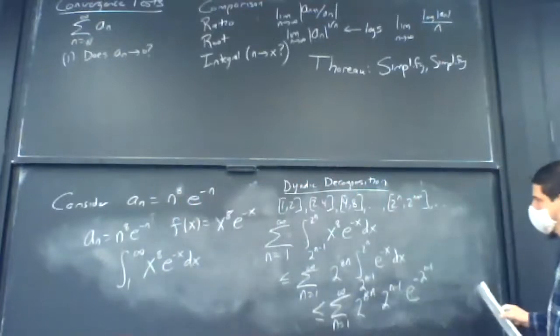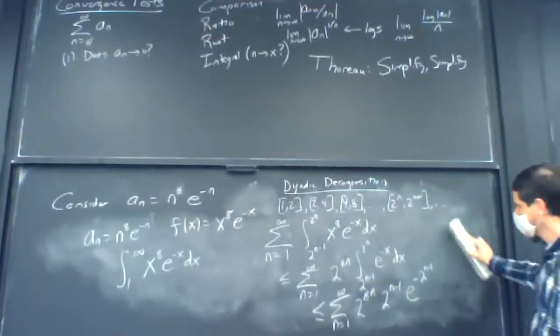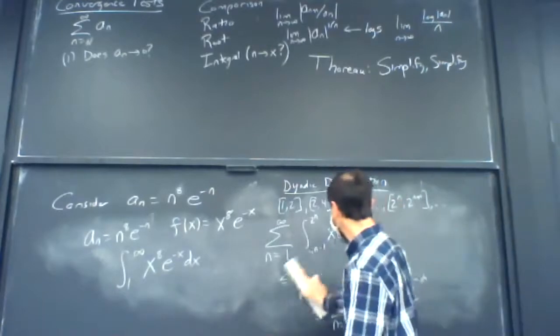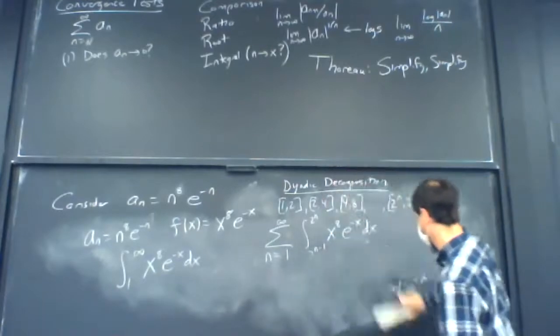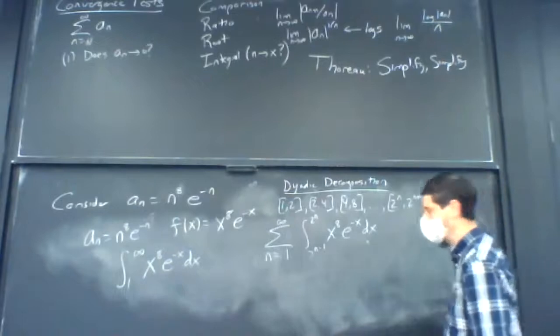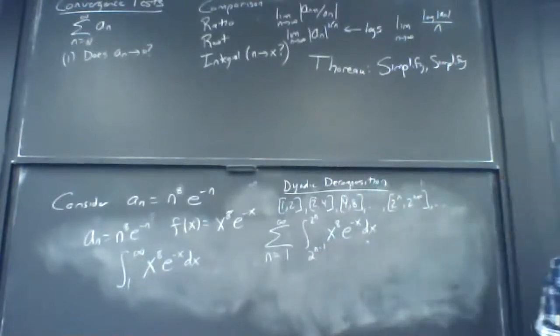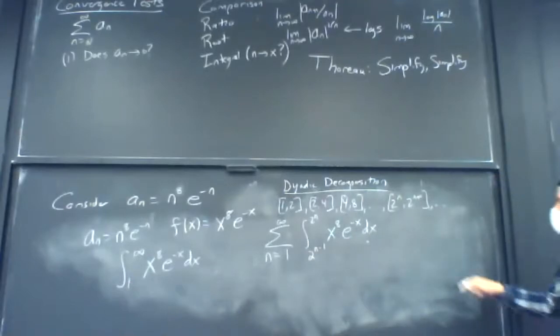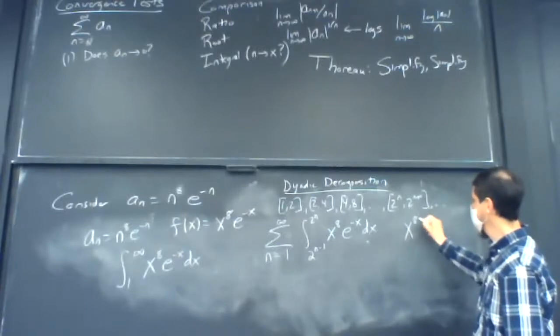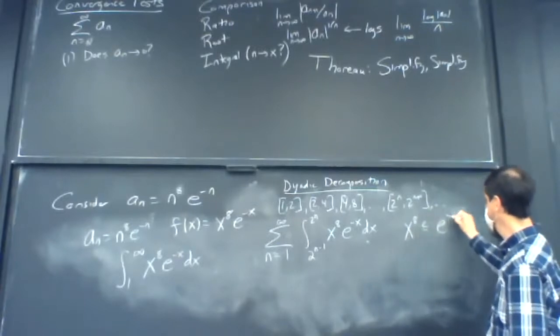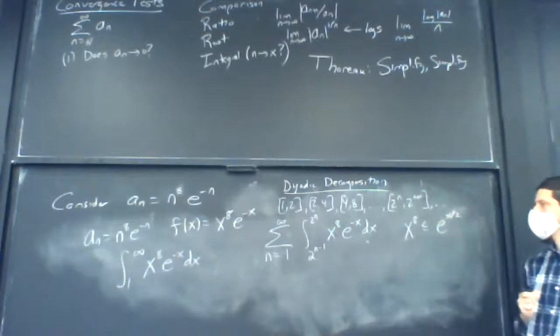What I could do is argue a little bit differently. Instead of doing it like this, I need a better estimate, because that gave me a painful calculation at the end. So we're looking at x to the 8. If I just say, well, when x is large, x to the 8 is going to be less than or equal to e to the x halves. Are we comfortable with that?